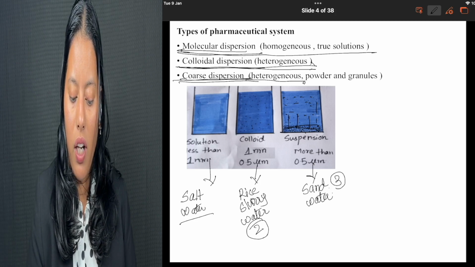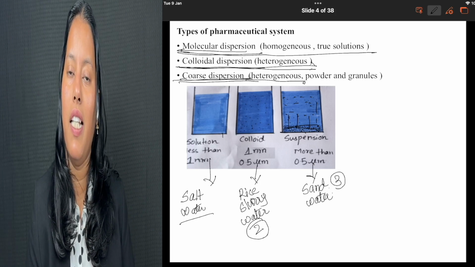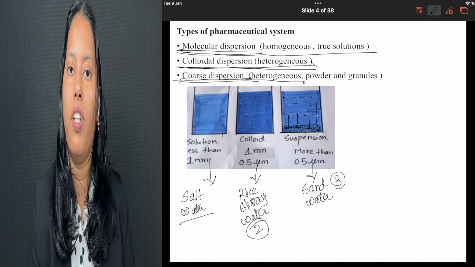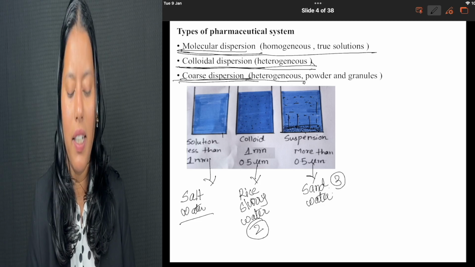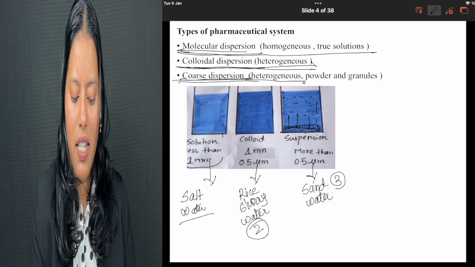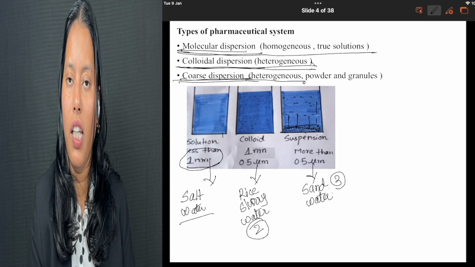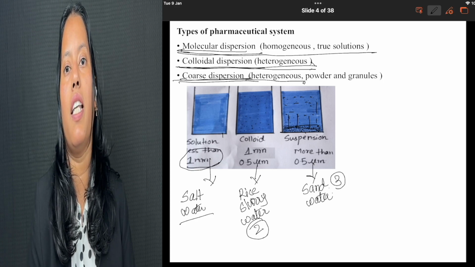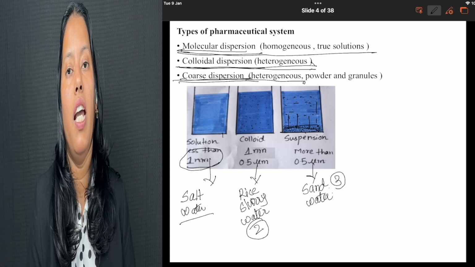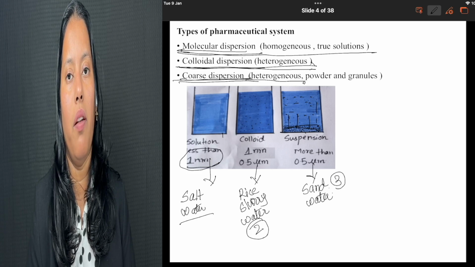For the first system, the particle size is very small, because of which it appears uniform throughout the system. The particle size is less than 1 nanometer. But in the second, colloidal system, the particle size is bigger than the solution. It is more than 1 nanometer but less than 0.5 micrometer.